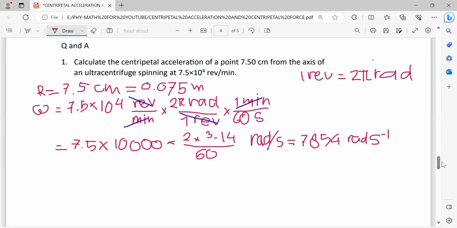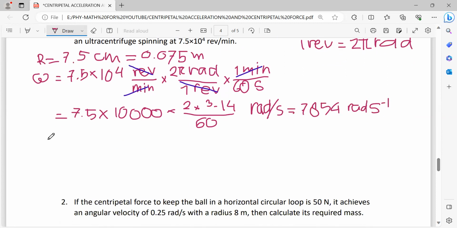Now let's define the centripetal acceleration: a_c equals r times omega squared.